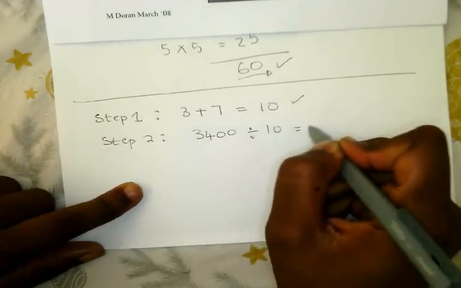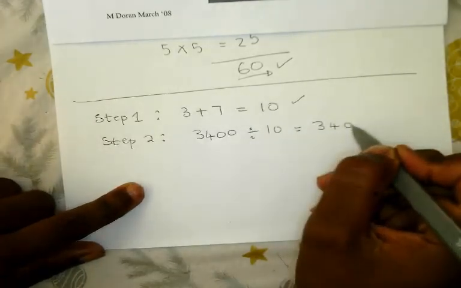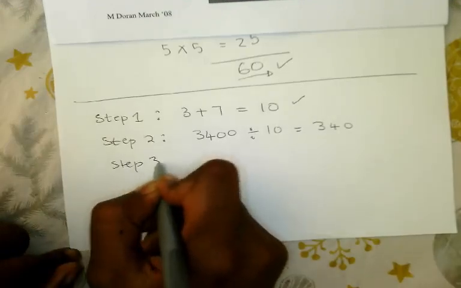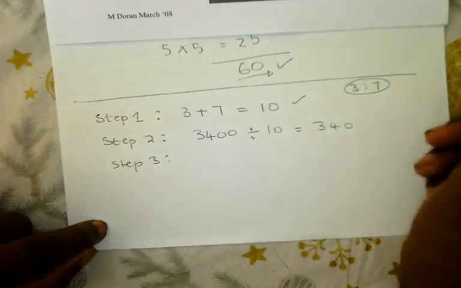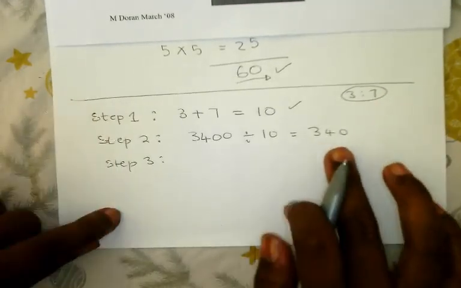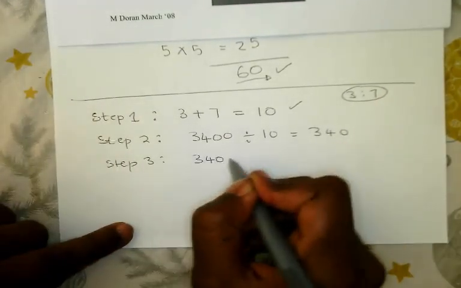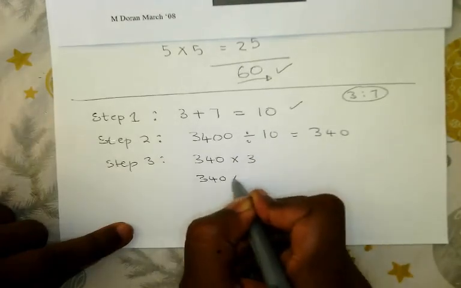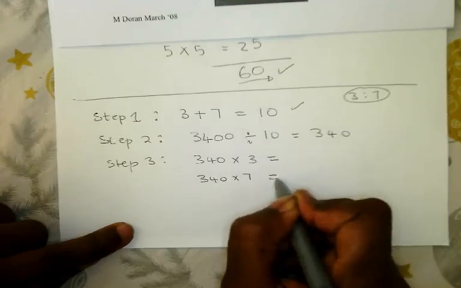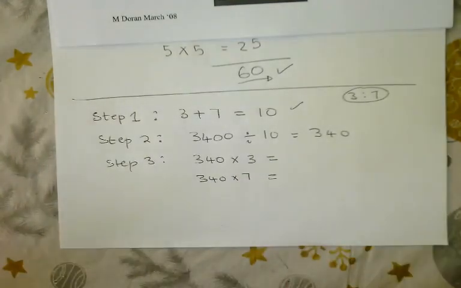And step 3, I multiply each ratio. The ratio is 3:7. I multiply each ratio by the number here. 340 multiplied by 3, 340 multiplied by 7. Then this is going to tell me which one contributed how much. 340 multiplied by 3.